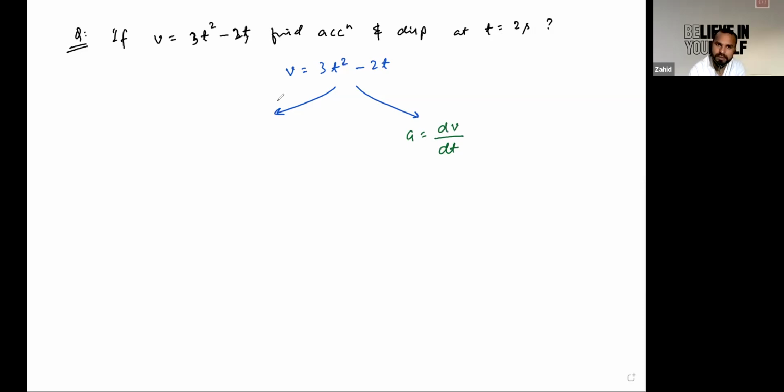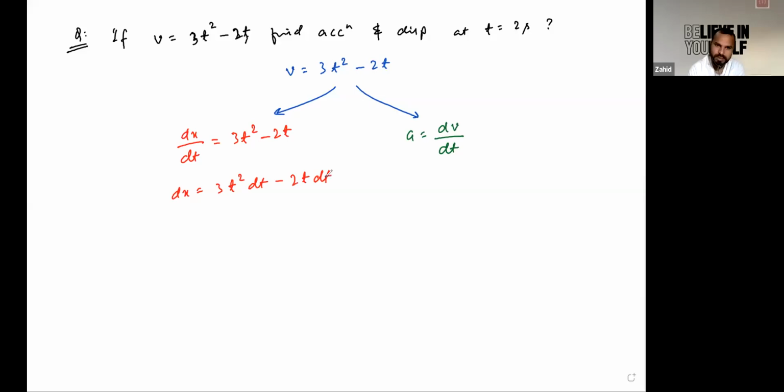As we know, this velocity is nothing but dx over dt, and it is equal to 3t squared minus 2t. Now move this dt to the other side, you will get dx equals 3t squared dt minus 2t dt.